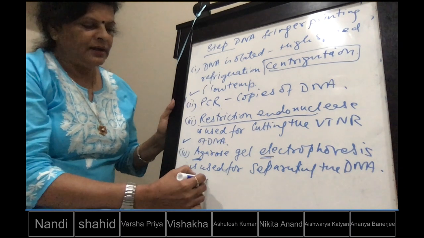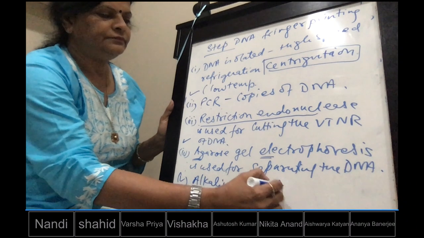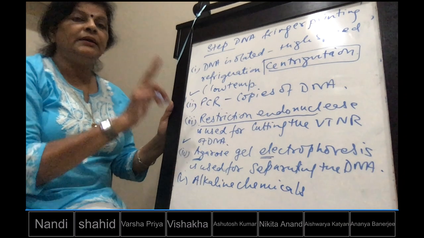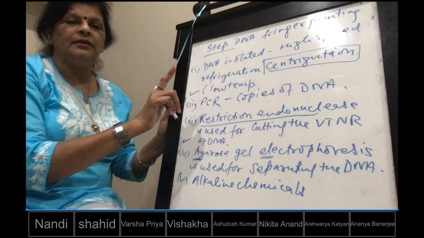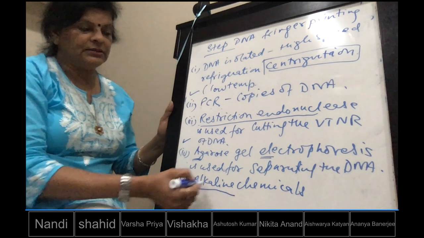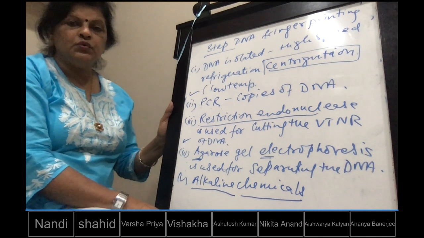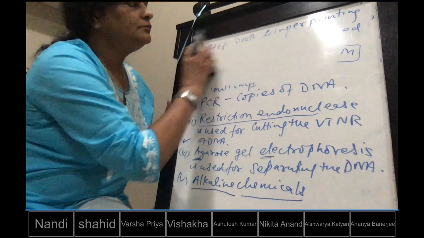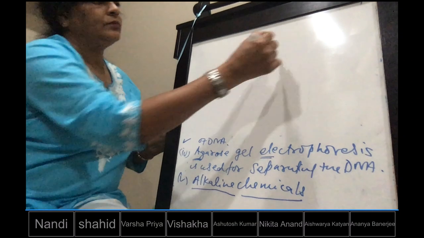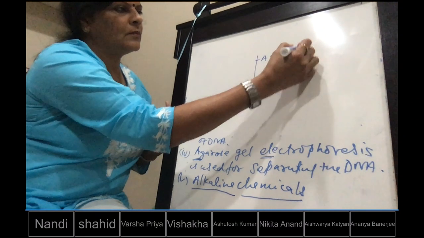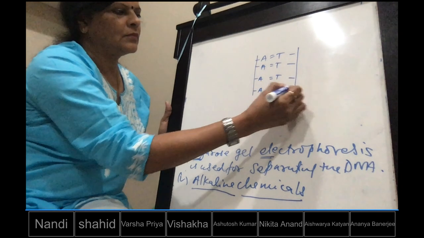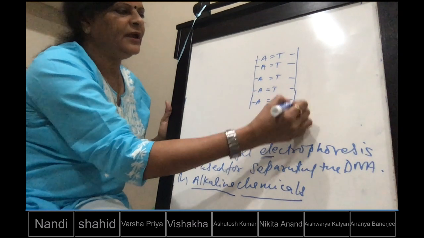उसके बाद fifth point, alkaline chemicals. Alkaline chemicals are used for breaking the duplex DNA into single strand, breaking the duplex VNTR into single strand. ये VNTR है.